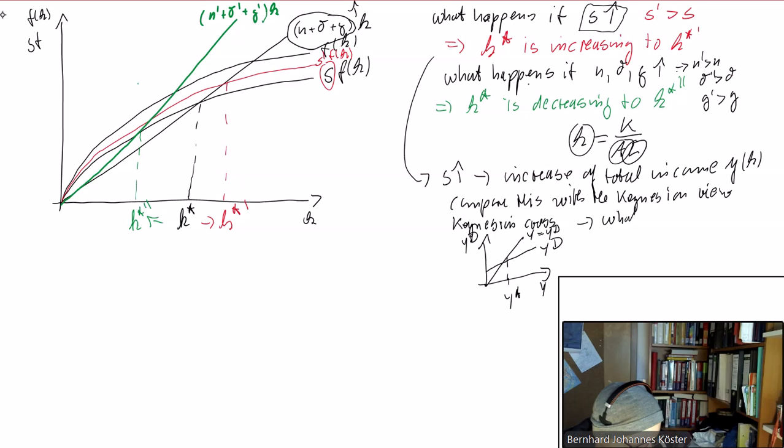What happens if the savings rate is increasing in this Keynesian model?